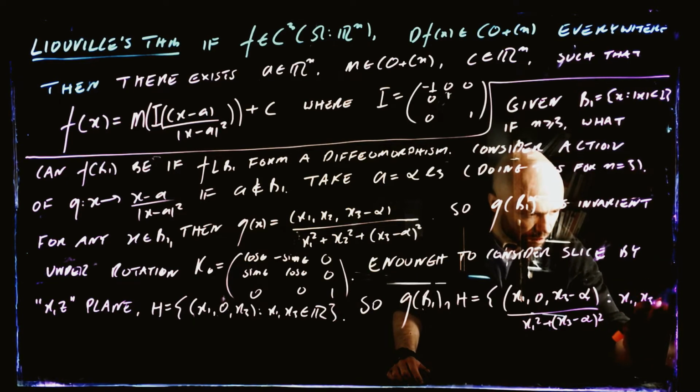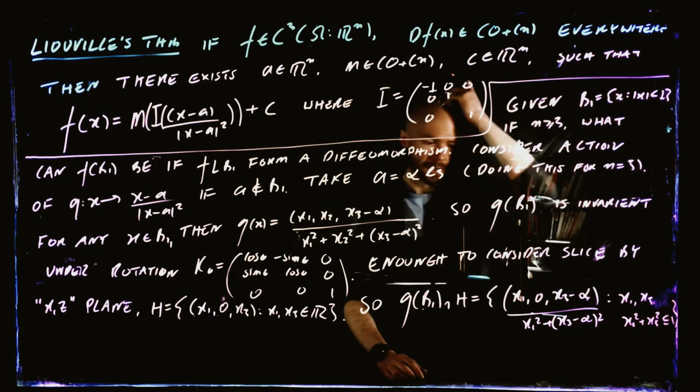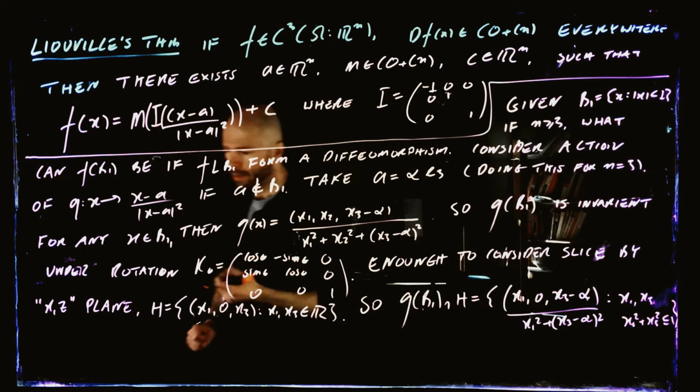So let's express that like this: x1, x3 such that x1 squared plus x3 squared is less than or equal to 1. That's our slice. Cool.